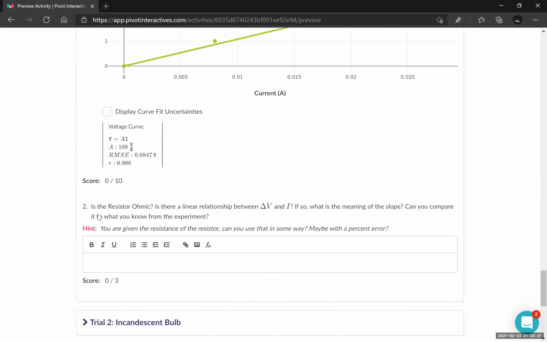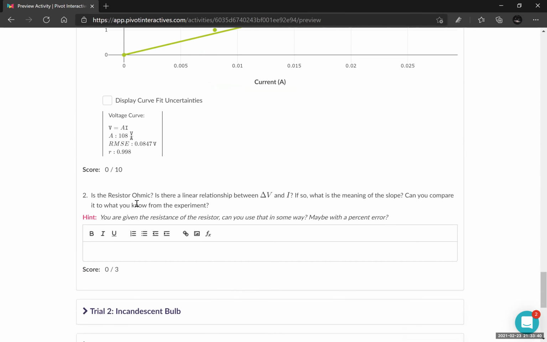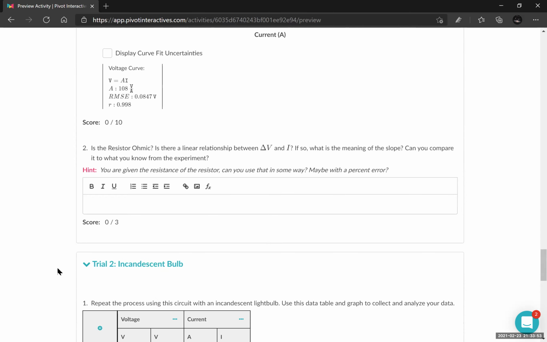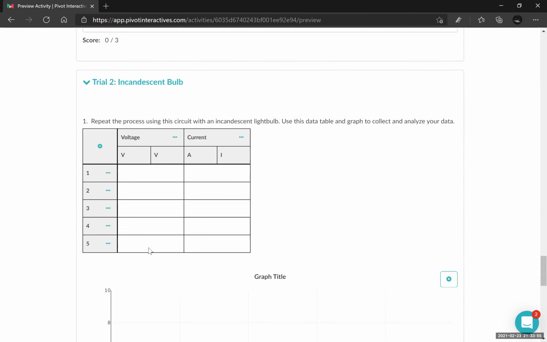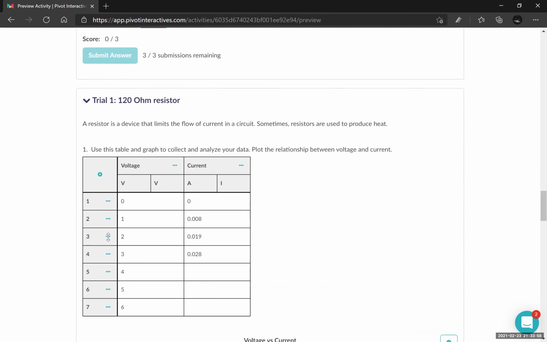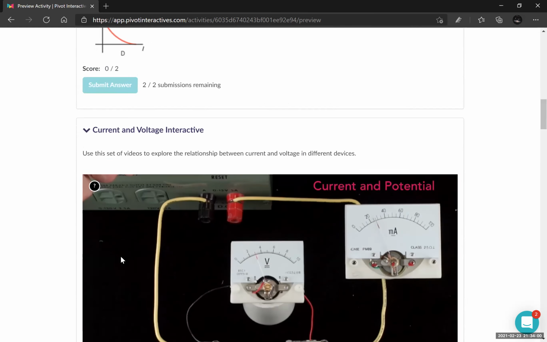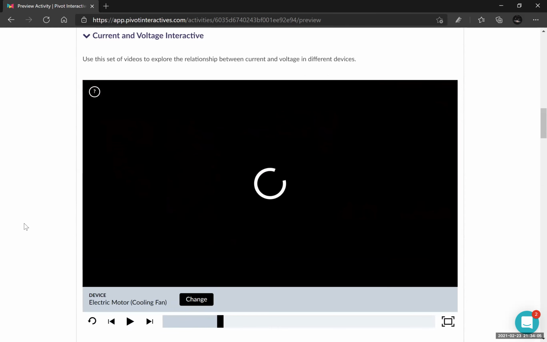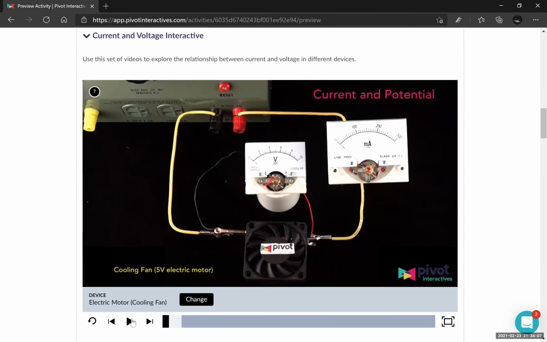All right, so then you go and answer, is this resistor ohmic? What is the relationship? What type of graph do you get? Can you say that this resistor obeys Ohm's law, and all of those things? Then you look at the second experiment: you take the data, come back to the video, change it to the electric motor, for example, and repeat exactly the same steps.